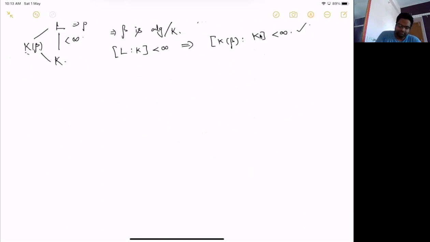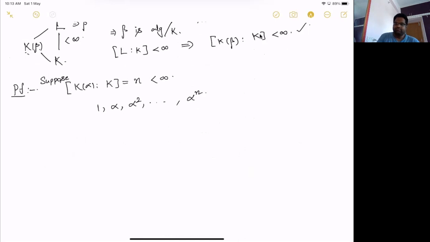So, proof. First, suppose the degree of K of alpha over K is finite. Now consider the n plus 1 elements 1, alpha, alpha squared, up to alpha to the power of n.